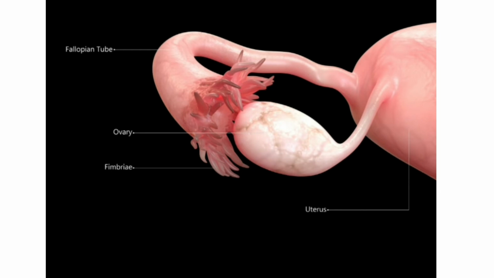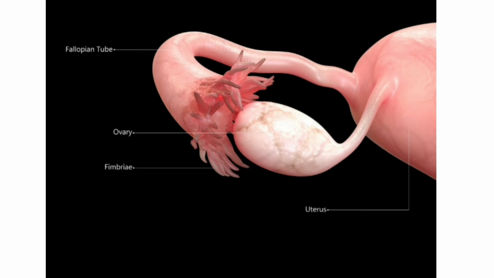It is actually a zoomed picture, so you can only see one part of it. There are two ovaries, but here you can see only one ovary. They are on both sides of the uterus below the opening of the fallopian tube, which is pointed here.